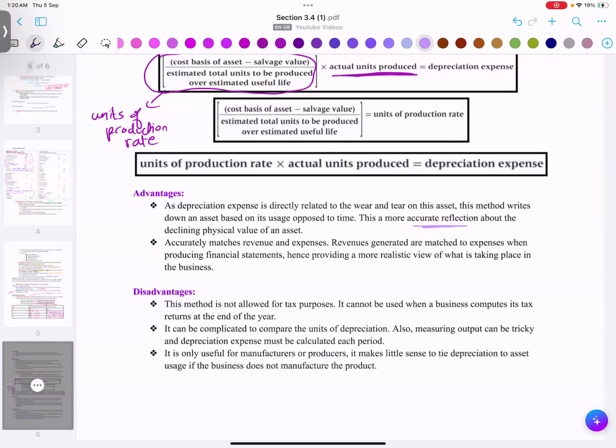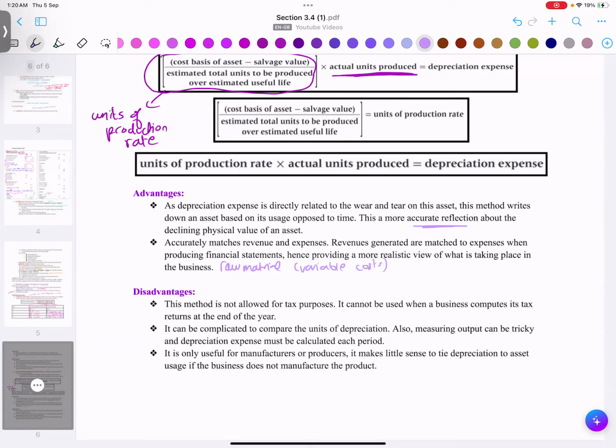Accurately matches revenue and expenses. Revenues generated are matched to expenses when producing financial statements, hence providing a more realistic view of what's taking place in the business, right? So basically how much they're producing. It also takes the variable cost into account because the raw materials are taken into account.